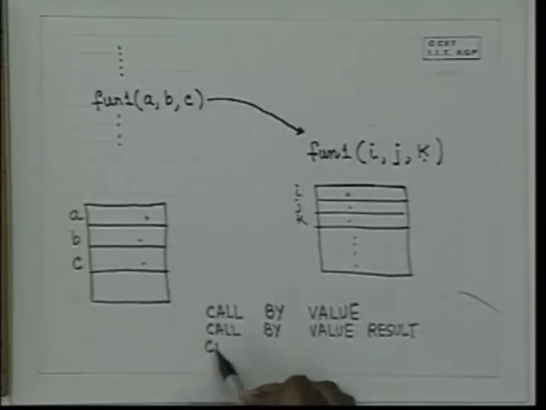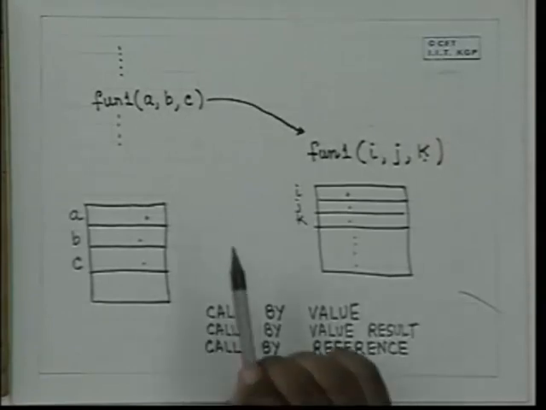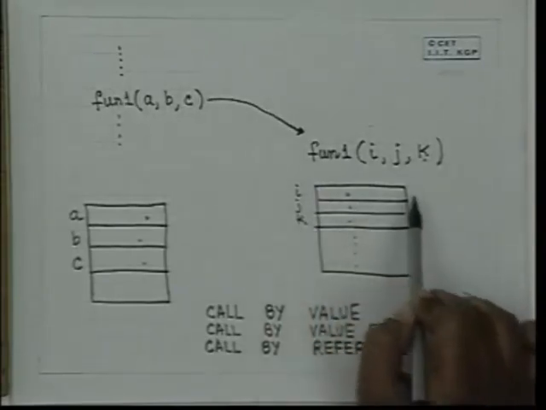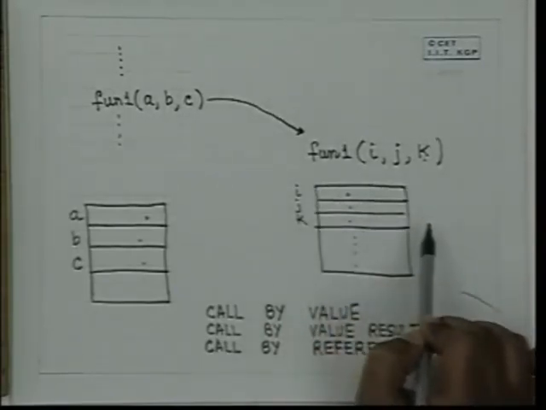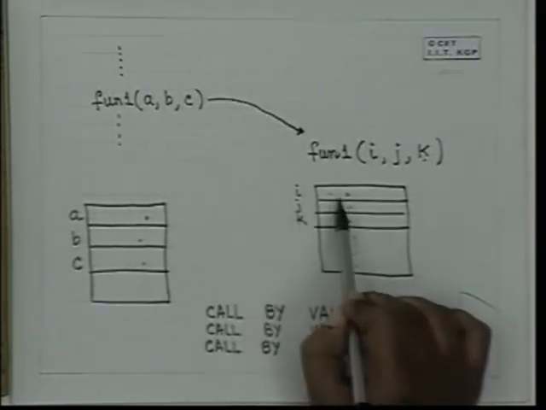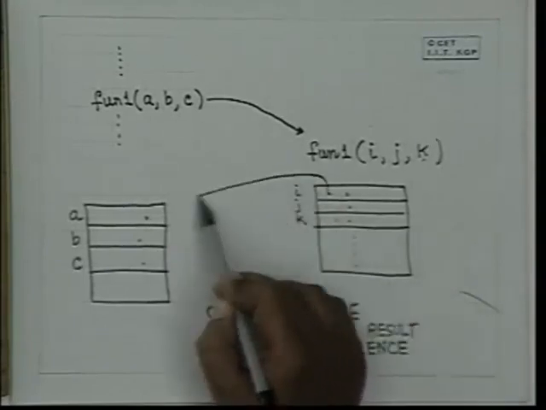And the other one, which is used in Fortran, is called call by reference. What happens here is, these locations are not actual locations holding values, but these contain addresses to this location.